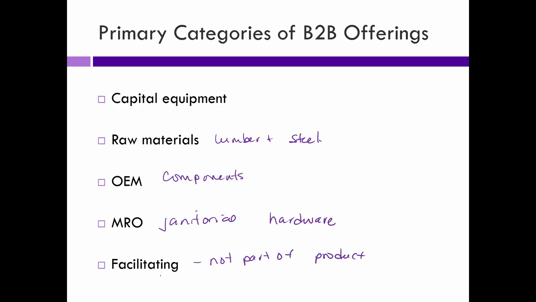So it might be banking services, marketing research services, transportation, any office stuff, computers, copiers, all those types of things. It's critical to the business, but it's not part of the product. Those all fall under facilitating.